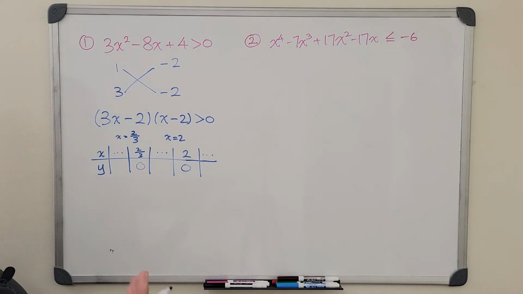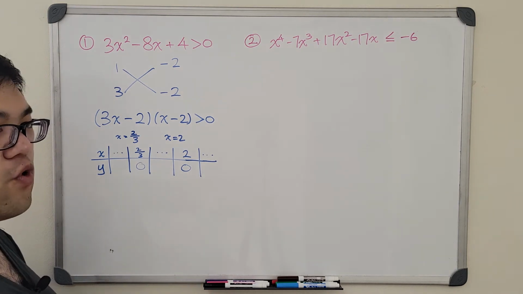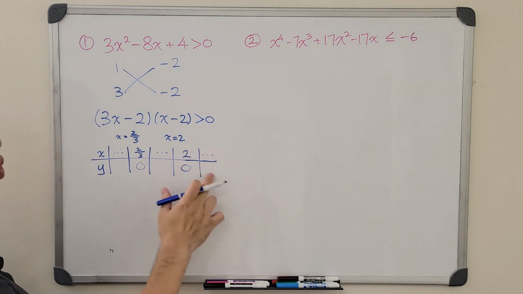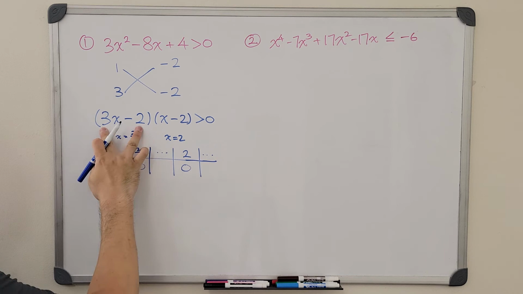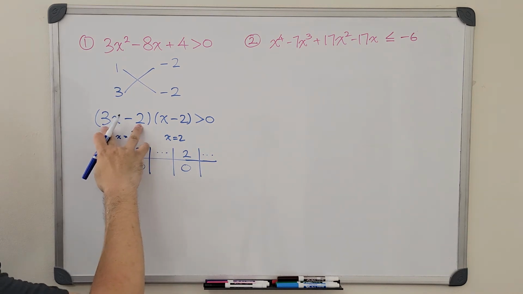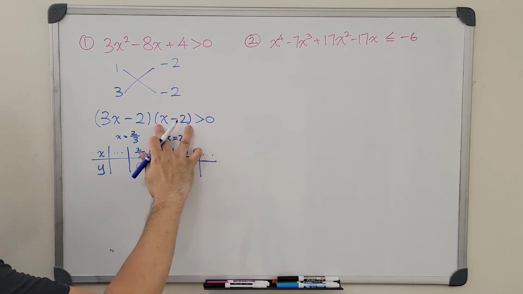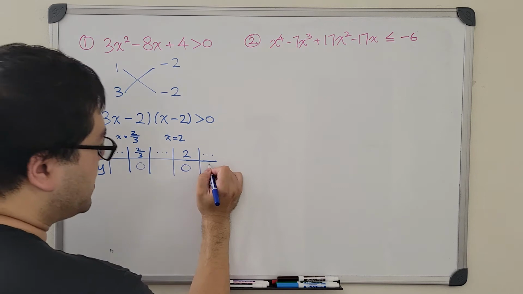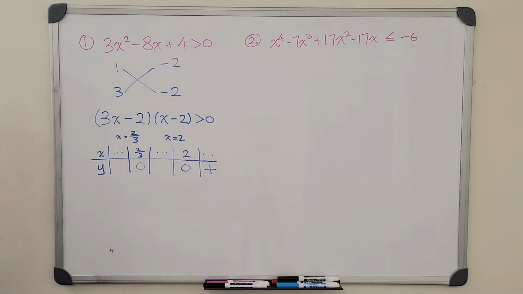Then if we subtract 2, we still have it greater than 4, which is always positive as well. So we can guarantee that no matter what number we choose here, the first factor is always positive, and the second factor is also positive, so that we have positive times positive, giving us positive here. Good.